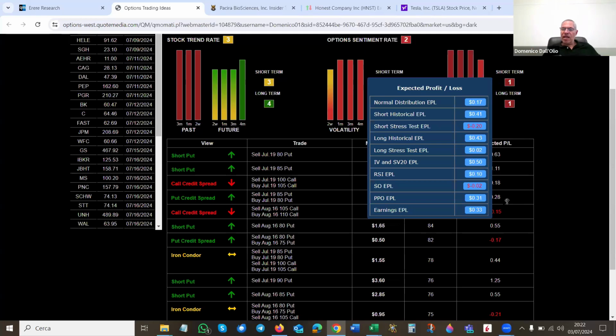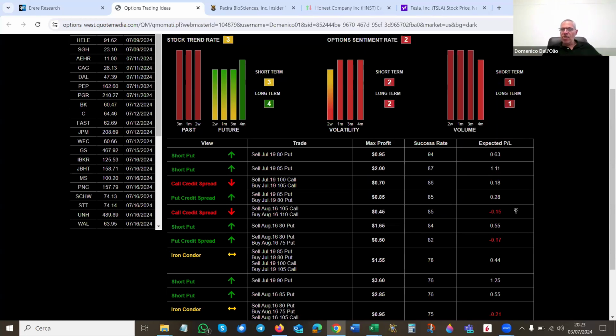Aside from the fact that there are two negative probabilistic readings, but let's assume they were all positive, here we have 0.02, 0.10, so some readings are very low even if positive. But the point is that the expected profit and loss here is just a fraction of the credit you collect in creating the trade.